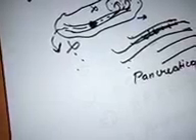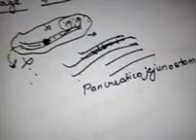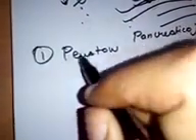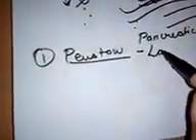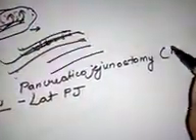Now, there are many versions of this pancreaticojejunostomy with some modifications. First is Puestow procedure, which is the most important lateral pancreaticojejunostomy. Here, if I write PJ, it means pancreaticojejunostomy.